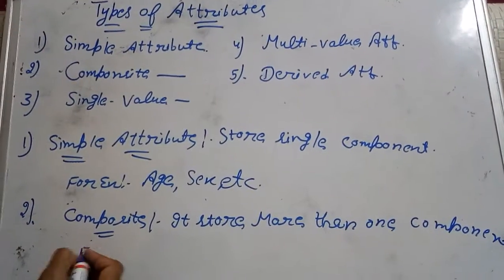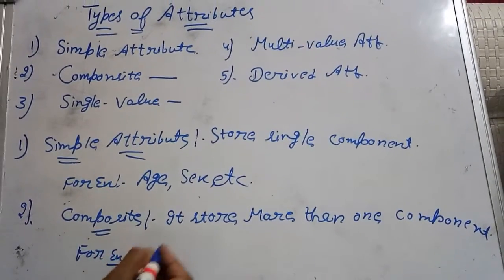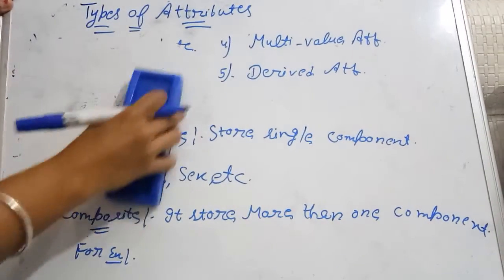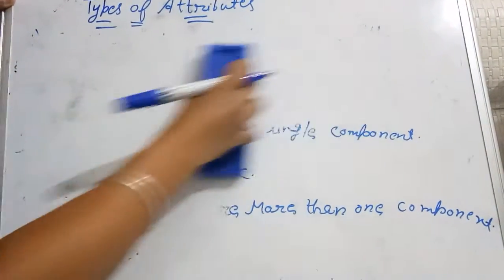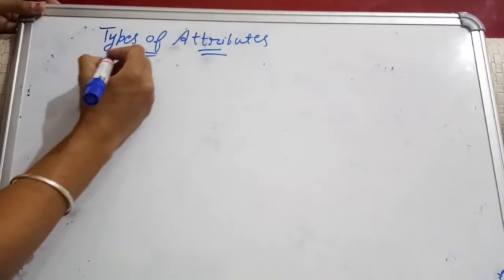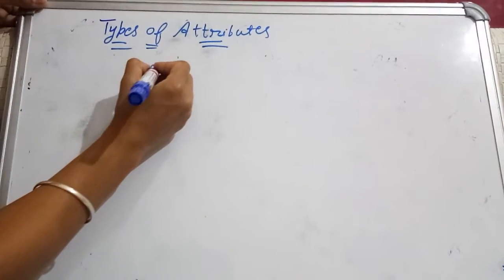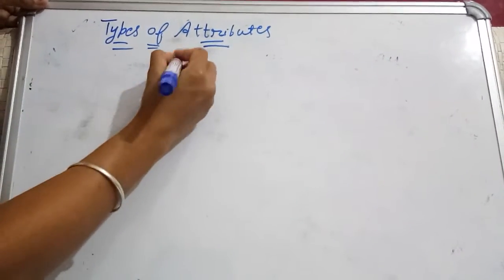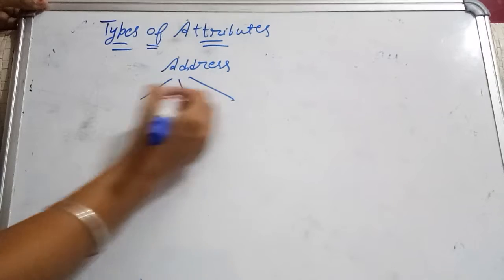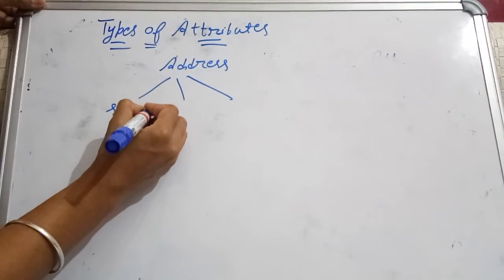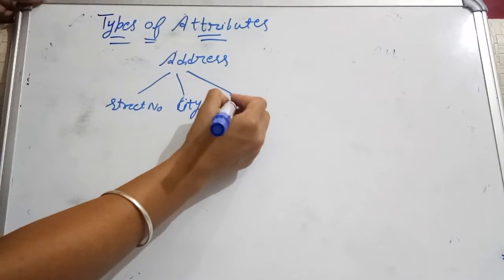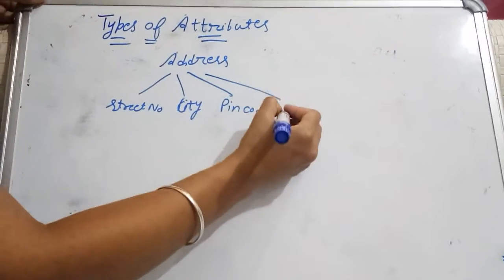For example, address: street number, city, pin code, and area.